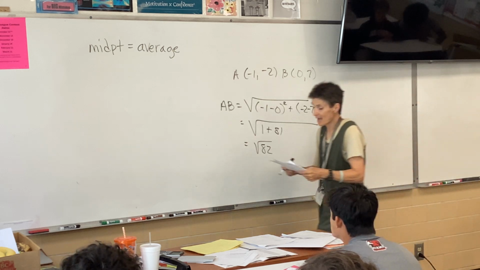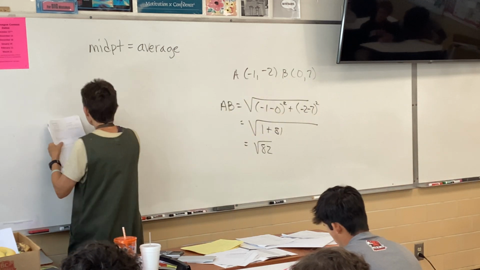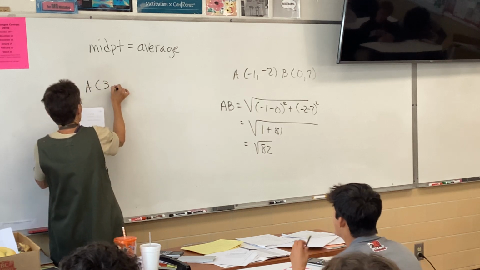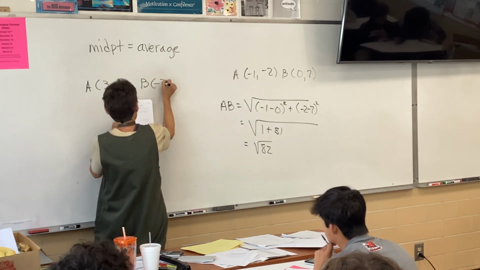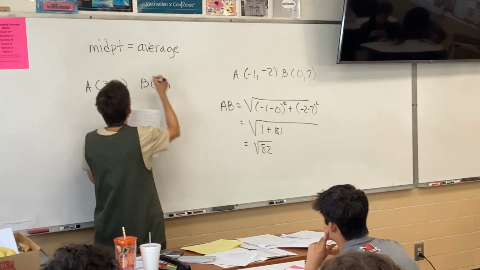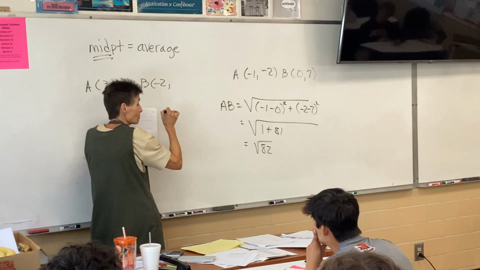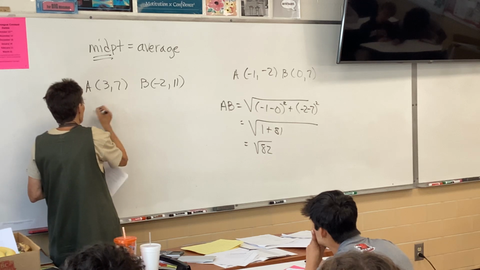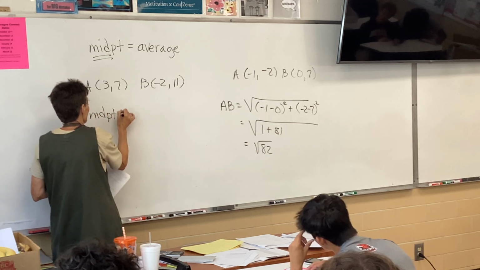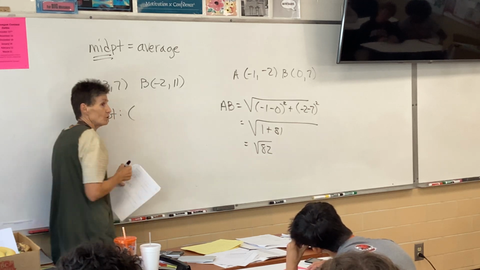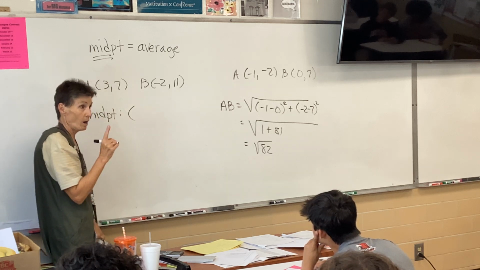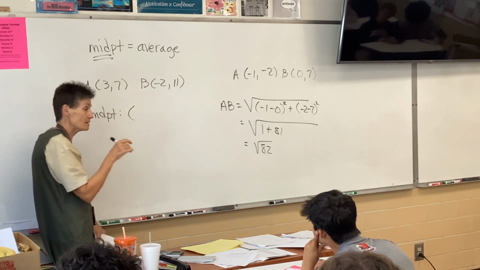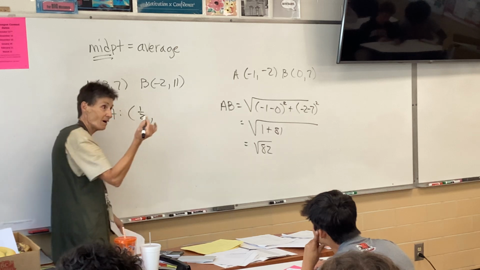So if I have 2 x's, and I want to know the middle x, which is the average x, I'm just going to average them. So 3 and negative 2 is 1, divided by 2 is 1/2, 0.5.